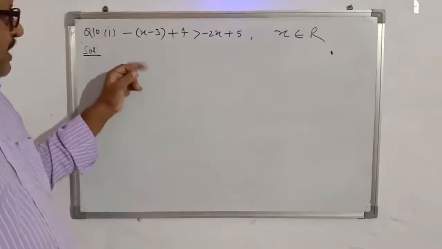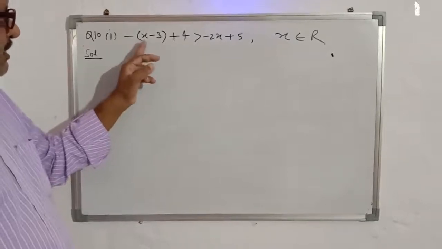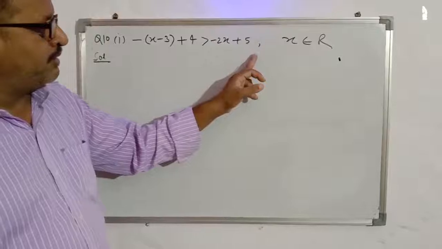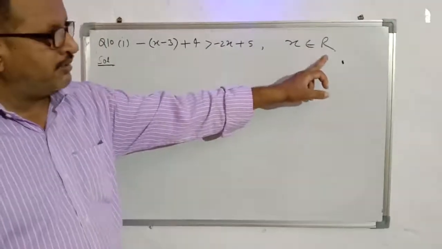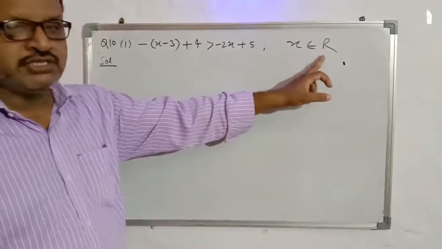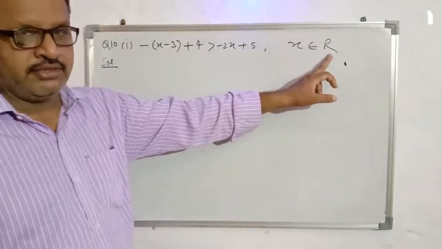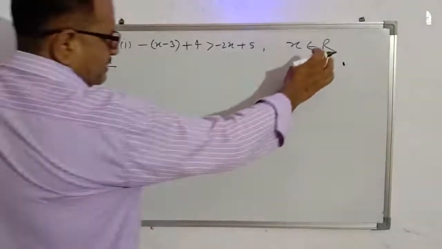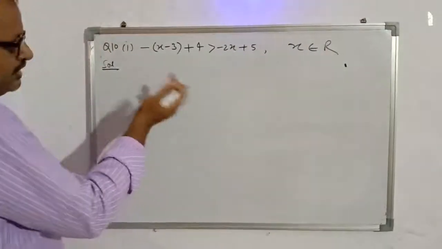Number 10, first part: minus (x minus 3) plus 4 greater than minus 2x plus 5, x belongs to the real numbers. So what is the replacement set here? The set of real numbers. How do we do it?